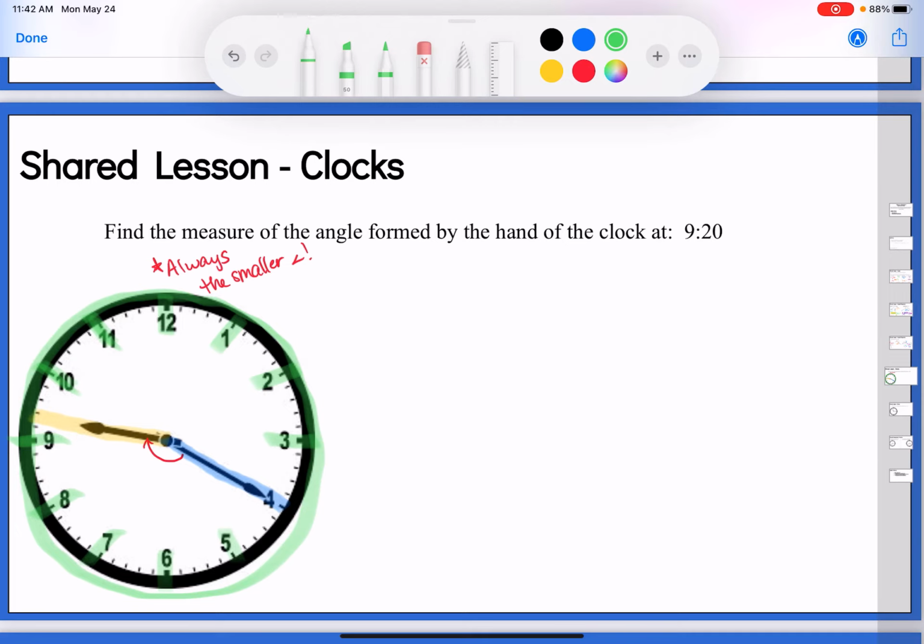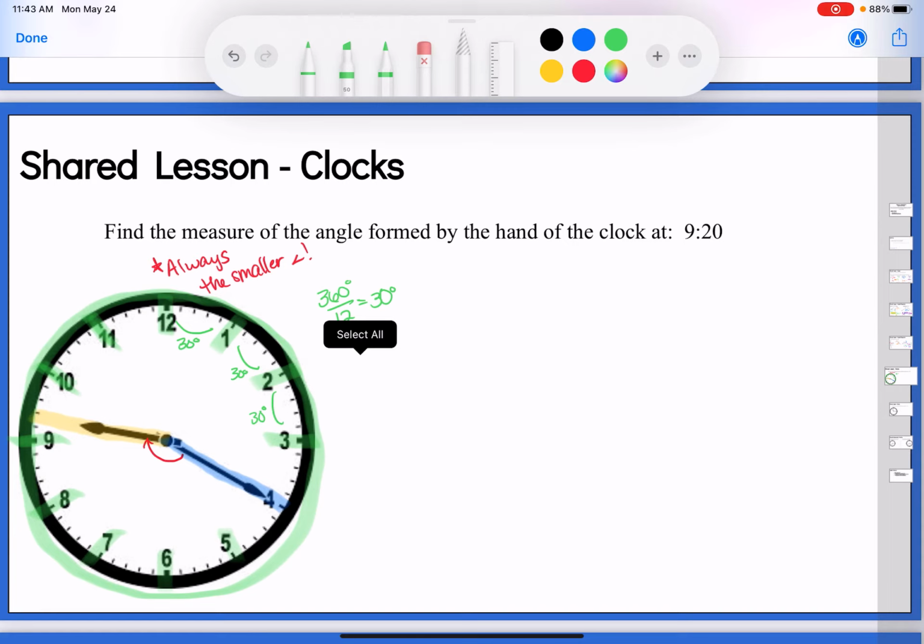So to figure it out, I would say, okay, 360 divided by 12 would mean that each one of these sections is 30 degrees. So this is 30 degrees, and this is 30 degrees, and this is 30 degrees. So the 360 is the whole circle, and that circle is divided into 12 sections. So each of those sections between the numbers is exactly 30 degrees.